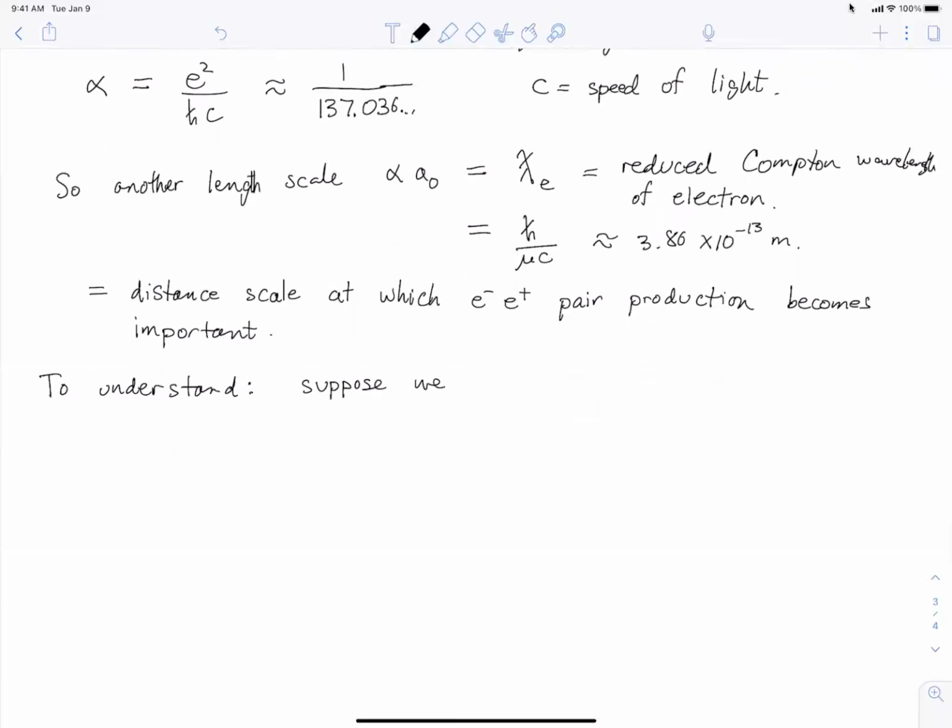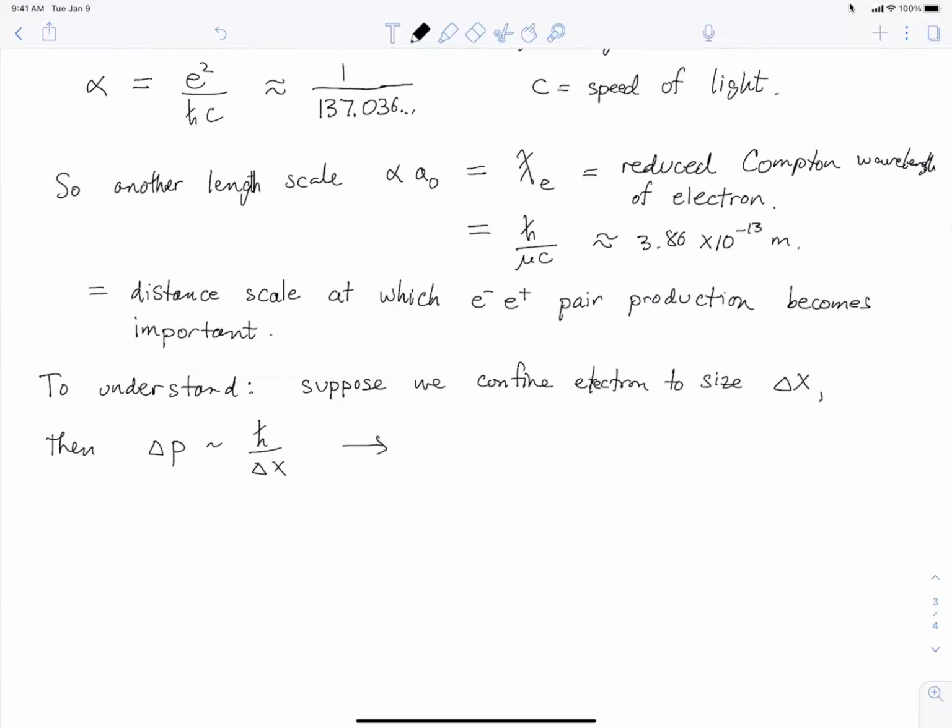So suppose we confine the electron to the size delta x. We're going to set delta x equal to the reduced Compton wavelength in a minute. Okay, then delta p, the uncertainty in the momentum, should be about h bar over delta x from the uncertainty principle.